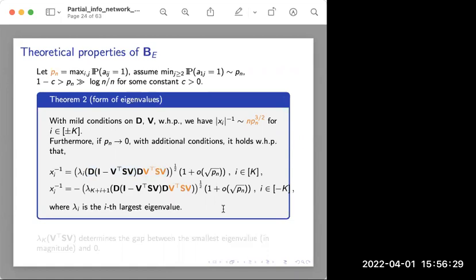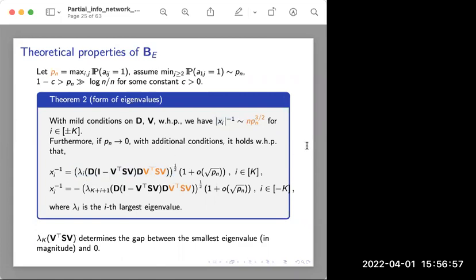Now, for the purpose of spectral clustering, we only need to know the order of the eigenvalue. However, this particular form of the eigenvalue gives us one more insight. Looking at this equation, we realize that the minimum eigenvalue of this VTSV determines the gap between the smallest eigenvalue and 0 of the signal matrix BE.